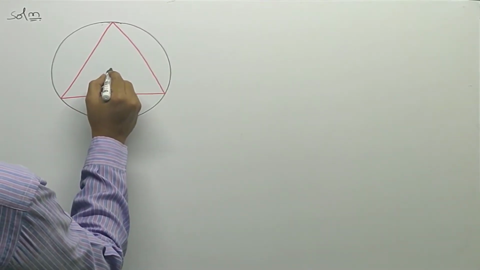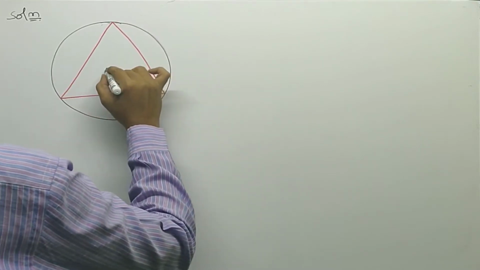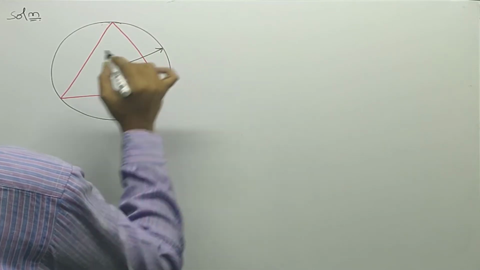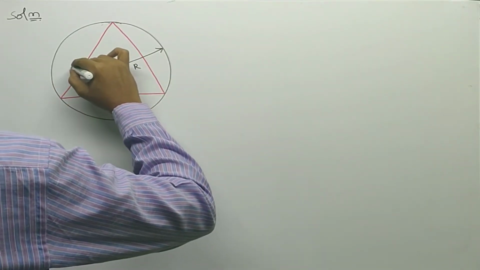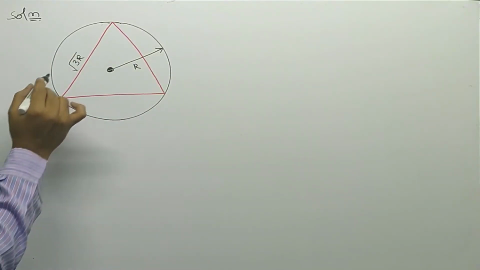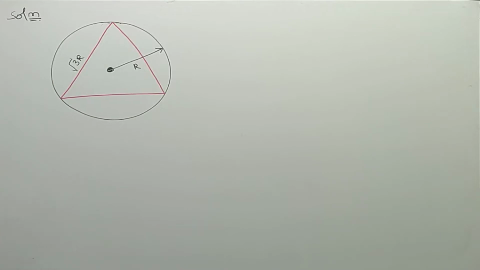Let us assume that this is the center of the circle. The radius of the circle is capital R, and each side of the equilateral triangle is root 3 into capital R.